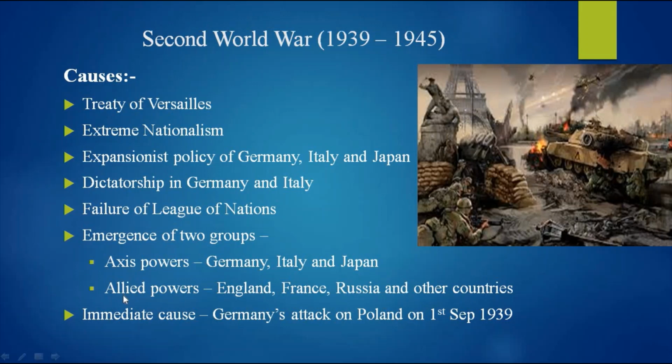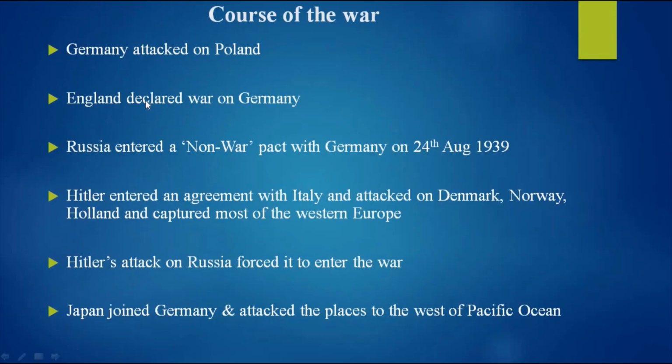In the First World War we discussed the immediate cause, the assassination of Archduke Francis Ferdinand, the Austrian Crown Prince. But here the immediate cause is Germany's attack on Poland on 1st September 1939. So the Second World War started, and as Germany attacked Poland, England declared war on Germany to support Poland.